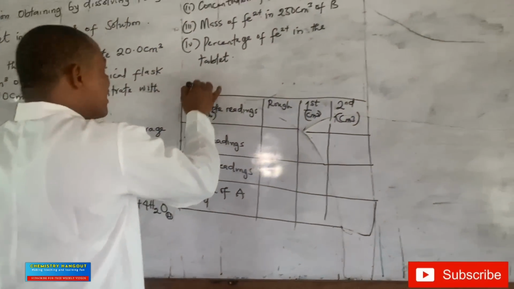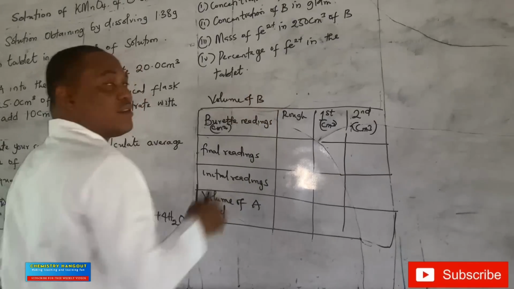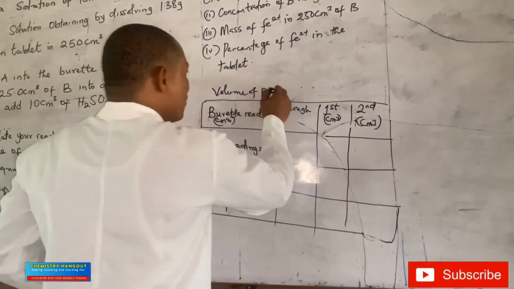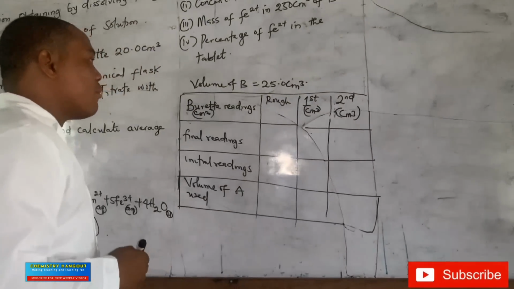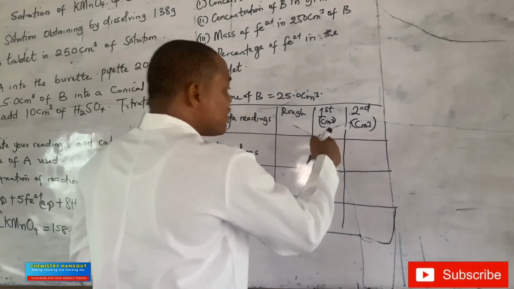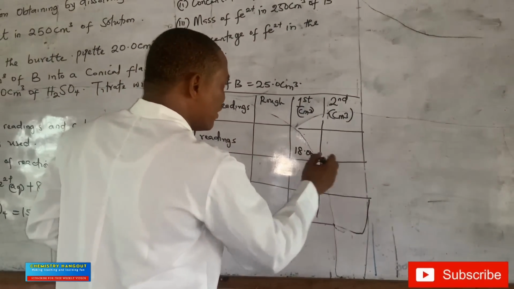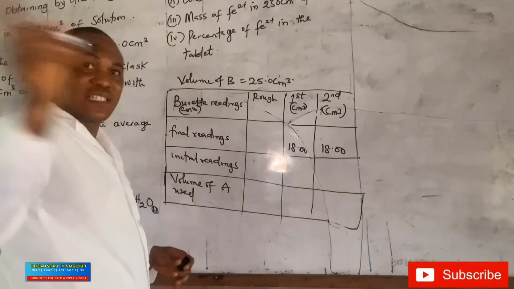So don't forget our volume of B. You know, the iron sulfate now is the one we pipetted, which is the B. So don't forget we use 25.0 centimeter cube. So for my rough, since I've gotten same values, I can have 18.00 here for my first and second. Since the last titration I did, I got 18. This one too, I got 18.